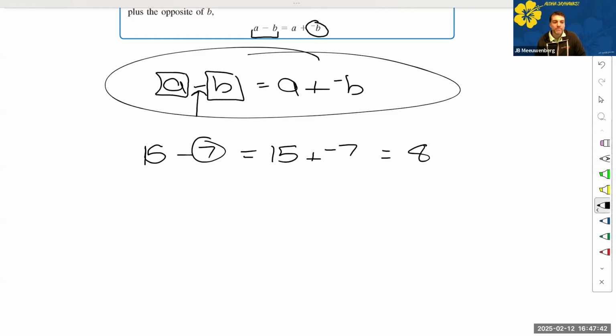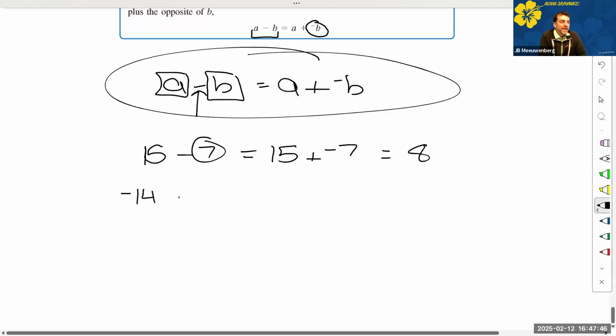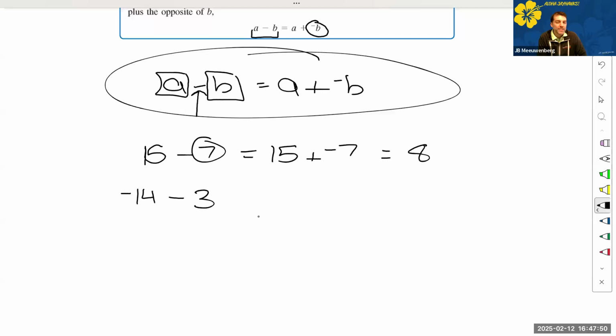The next one I want you to try is this. Negative 14 minus 3. Take a moment and see if you can first rewrite that as adding the opposite. So we always keep the first number the same.